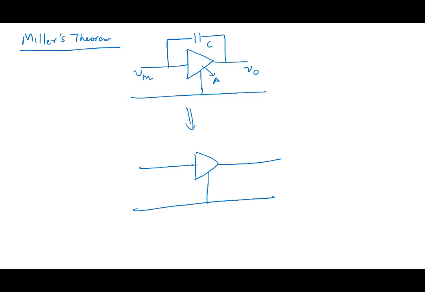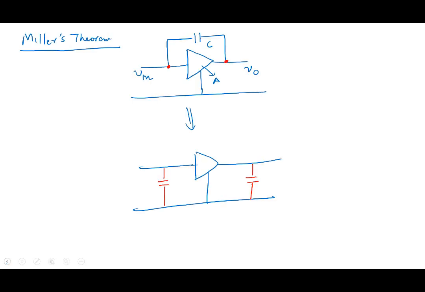This capacitor C, take it out from the feedback loop, and you can convert the capacitor into two capacitors, one capacitor at the input and the other capacitor at the output. The capacitor which was connected between these two ports, you can take it out and put it as two capacitors. Let's call them CM1 and CM2, Miller's capacitance 1 and Miller's capacitance 2.